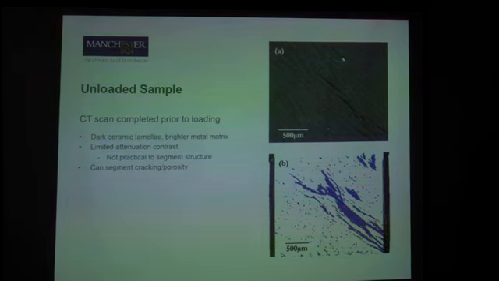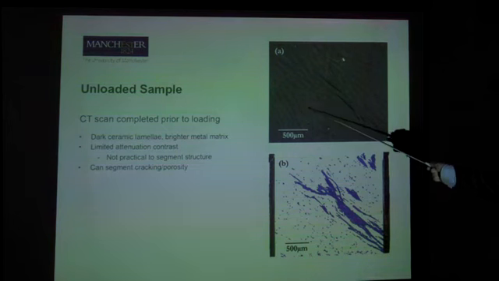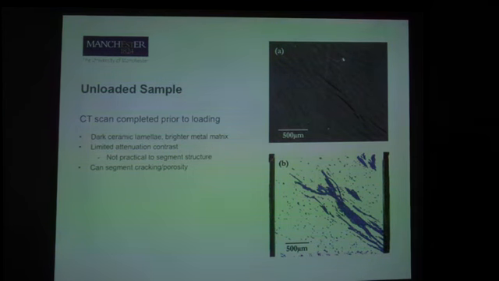There are a couple of things that you can see here. On the top right, you've got a 2D virtual slice, so that's a projection through the volume. You can see the darker ceramic lamellae and then the brighter metal matrix.